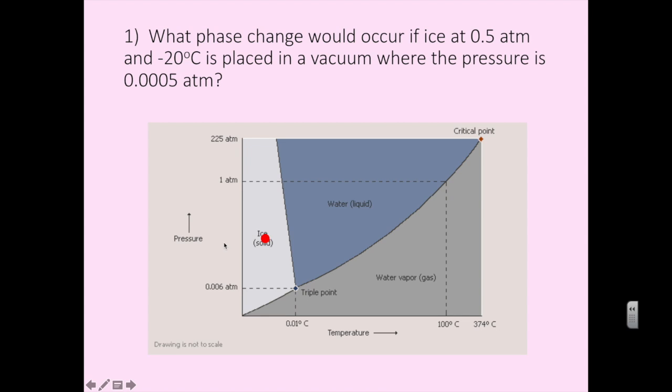And then negative 20 degrees Celsius, again, I'm estimating to about right here. Now, if it's placed in a vacuum, the temperature will not increase or decrease, but the pressure will decrease, and it will go down here. So I'll have to sink it down, and when it does that, I find out what phase it's in. It goes to the gas phase, so going from a solid to a gas is called sublimation.